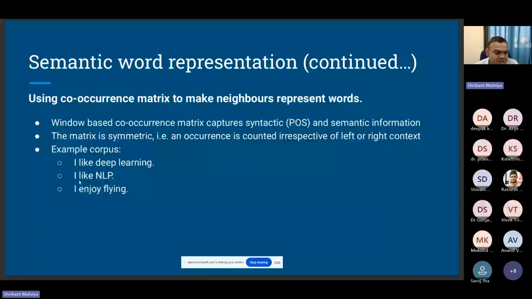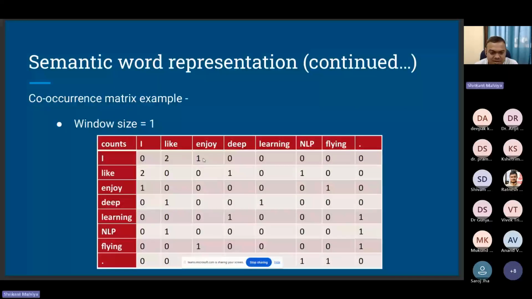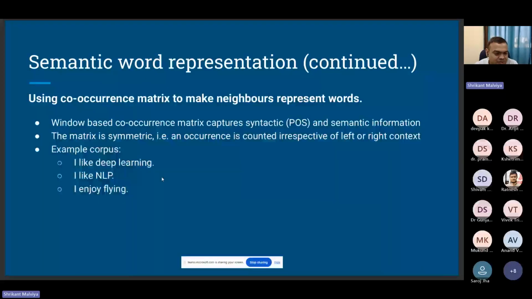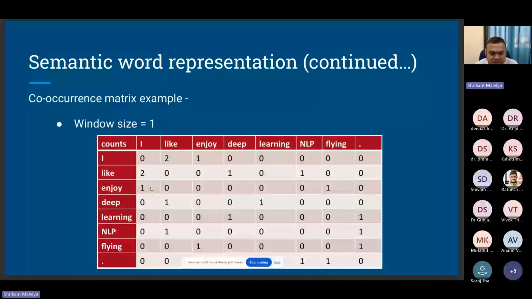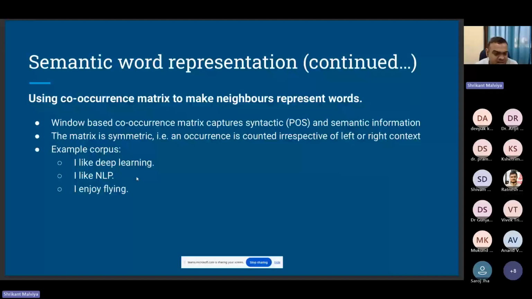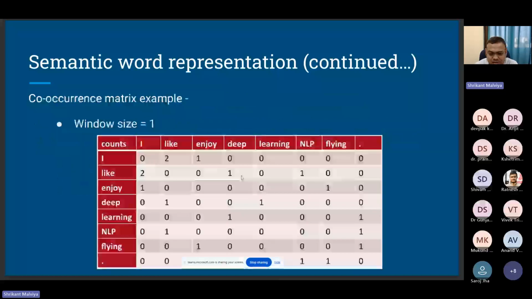So the pair of words occurs at two places. I enjoy is only one. Like I, because the matrix is symmetric, I like and like I both will have the same value. Like like, if you observe, there are no two likes together anywhere, so that's 0. And like also comes with deep and NLP: like deep and like NLP. So there we also have one.